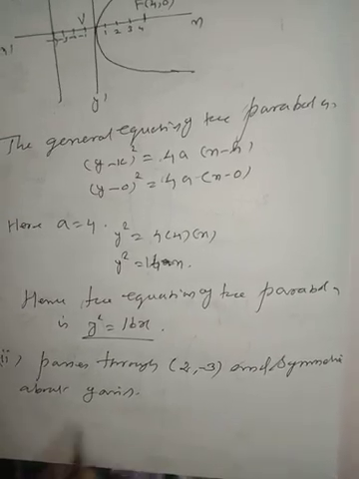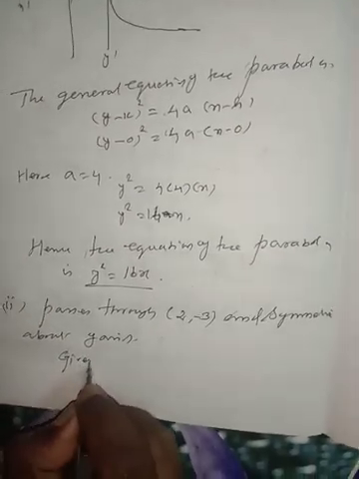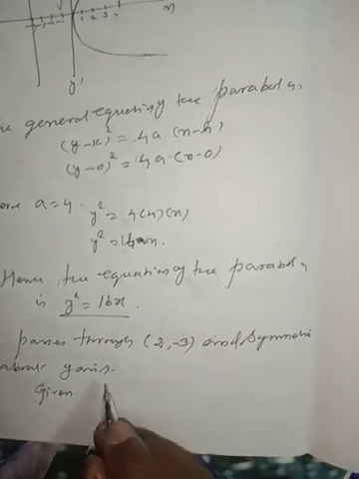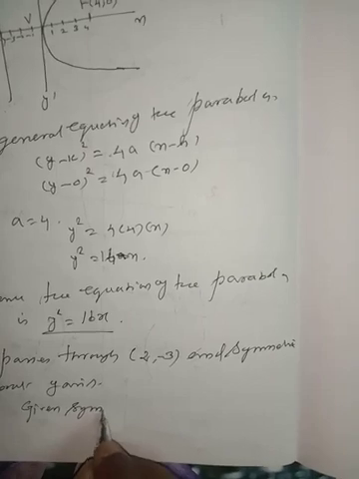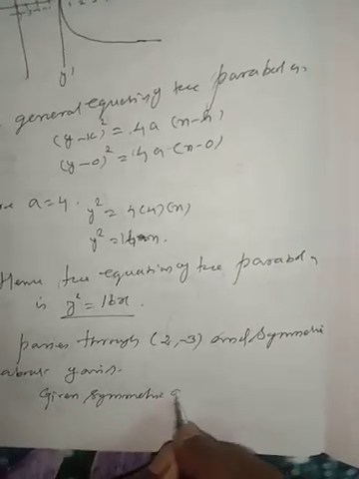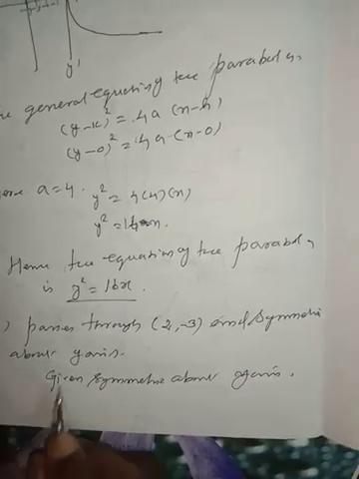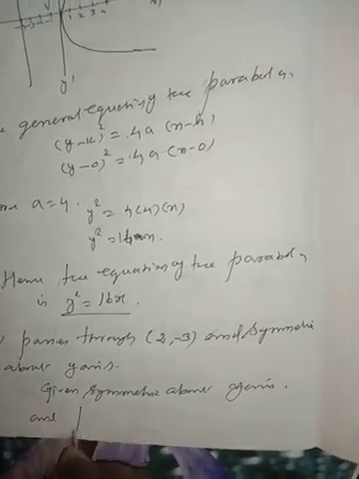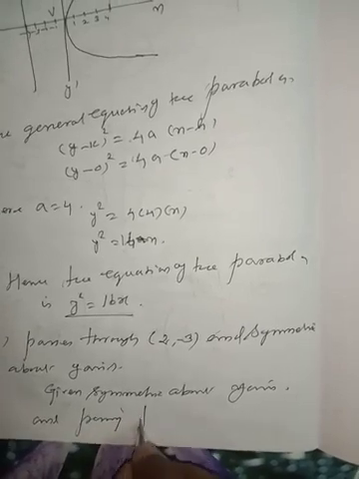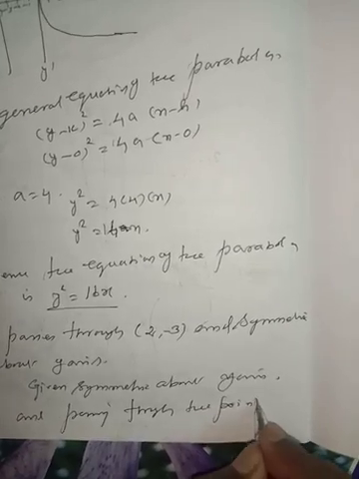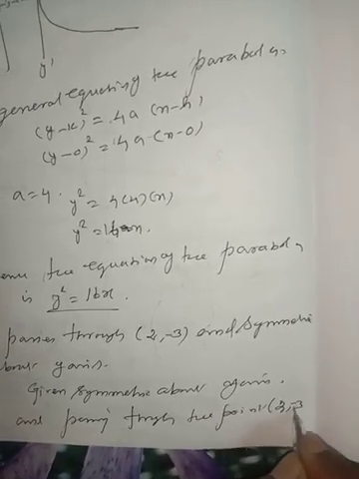Given: symmetric about the y axis and passing through the point (2, minus 3). Now draw the diagram.